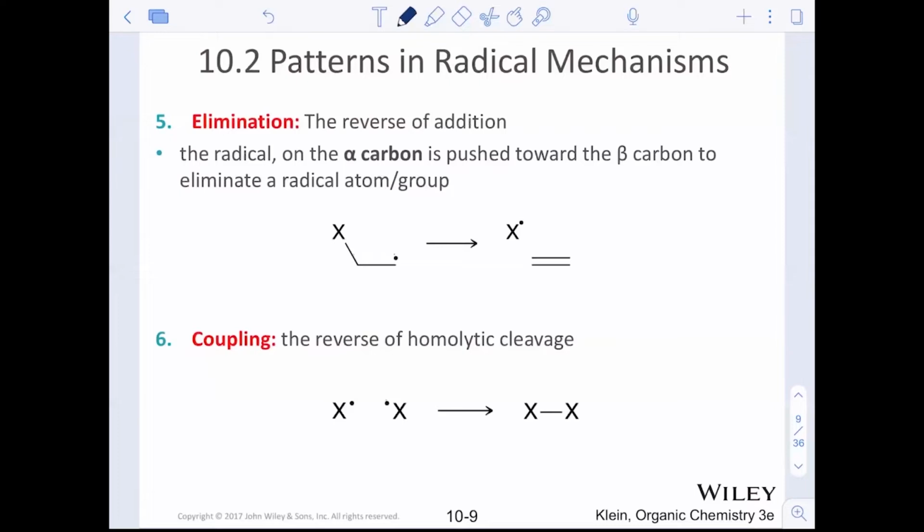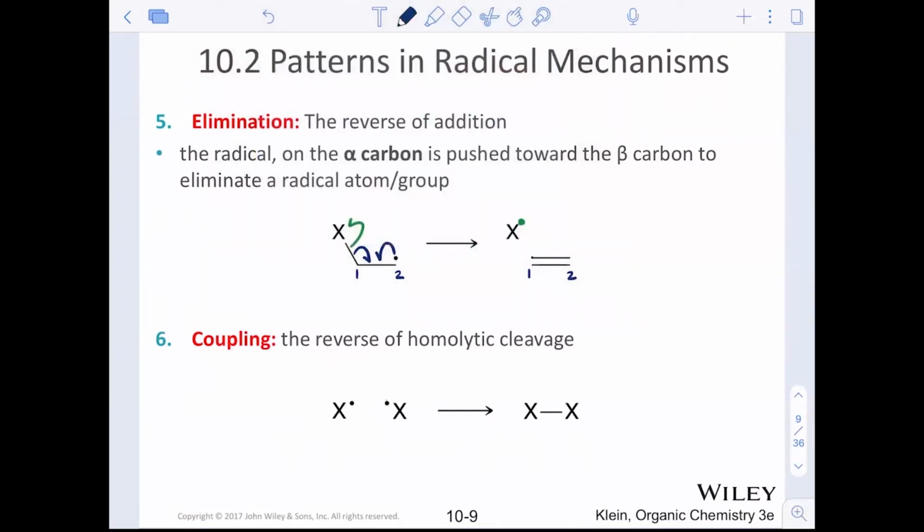So when we look at this elimination, again, I like to count my carbons. We are going to make a pi bond by sharing a radical from carbon 2 and one electron from the sigma bond on carbon 1. The rest of the sigma bond is going to make that radical on X appear.